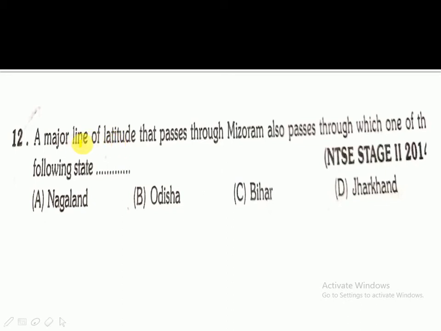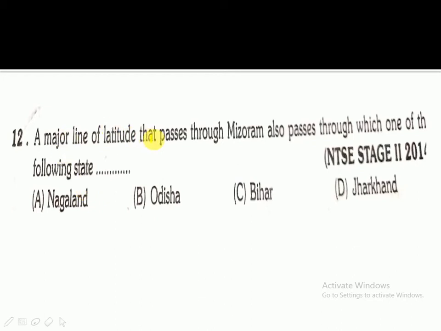A major line of latitude that passes through Mizoram also passes through which of the following states? If you can recall, there are states which start from Gujarat, Rajasthan, Madhya Pradesh, Chhattisgarh, Jharkhand, Mizoram and Tripura.